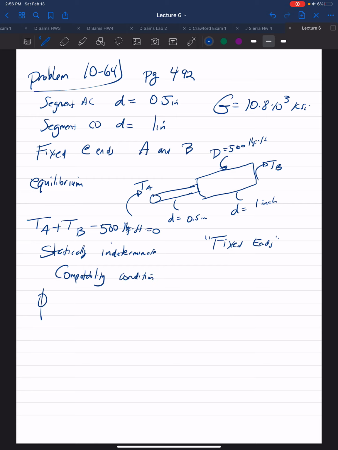And our compatibility condition is equal to our angle of twist of D with respect to B. So this is a consistent diameter part of the shaft.